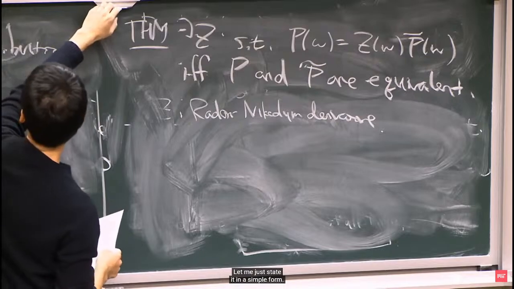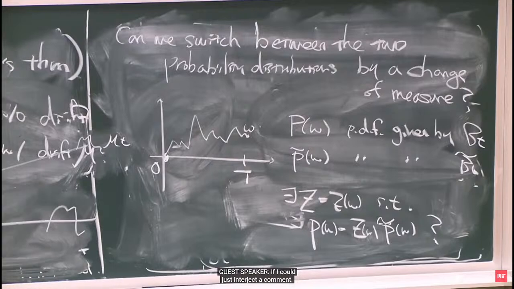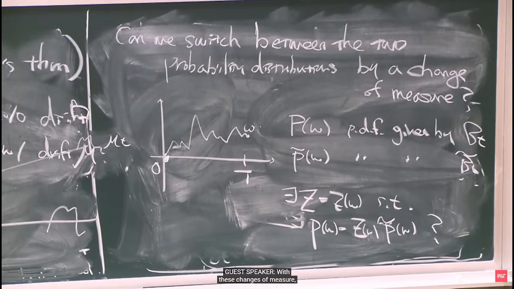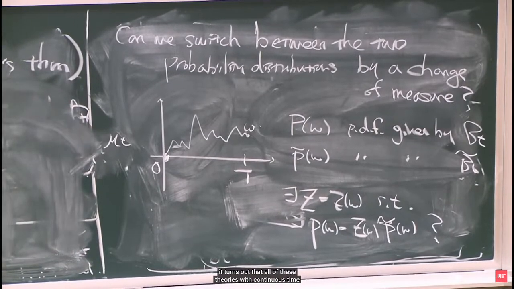Let me just state it in the simple form. Jungle, if I could just interject a comment. Yeah, sure. With these sort of changes of measure, it turns out that all of these theories with continuous time processes should have an interpretation if you discretize time and consider finer and finer discretizations of the process.